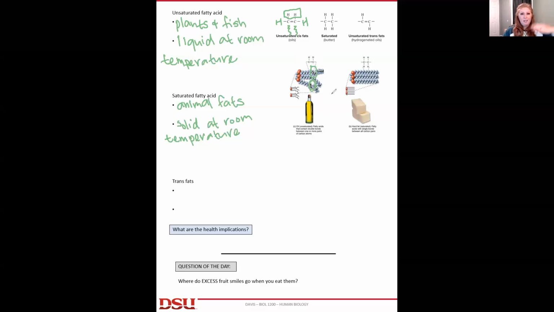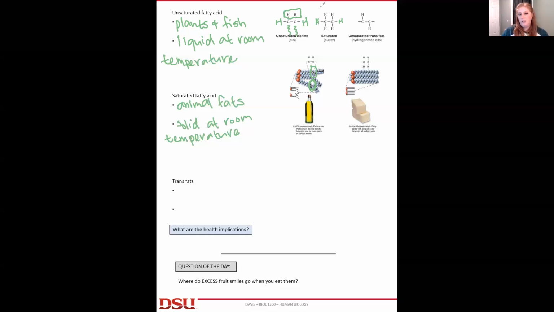Because they bend at wonky angles, you can't stack them, right? They're not stackable with this weird angle that they have. And that's why they are liquid at room temperature. They can't stack. But then we get over here and we look at our saturated fats. Let's say that these have hydrogens on the end. They are saturated with all of the hydrogens they can hold.